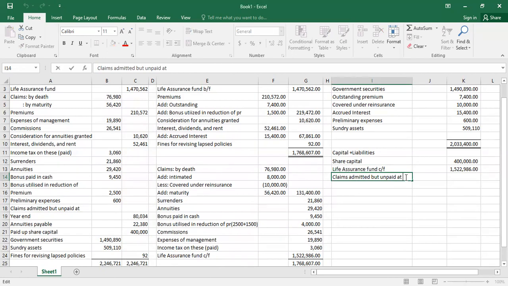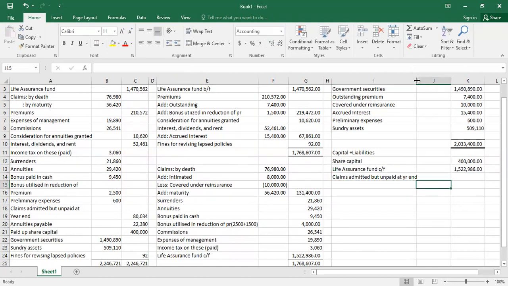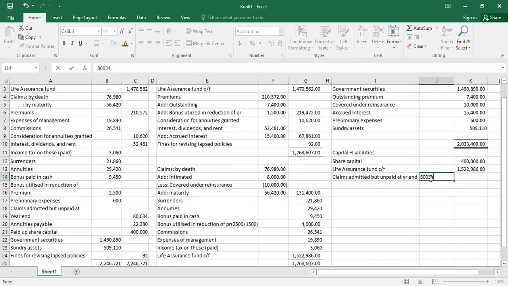At the year end, let me write them on this column: 80,034. Which other liabilities do we have? We had the intimated claims.